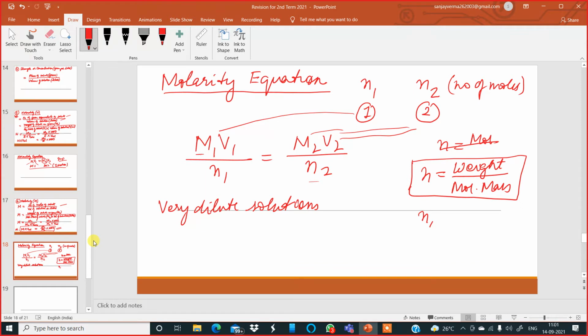In that situation, the above equation takes this form: M1 V1 is equal to M2 V2. So remember this also for very dilute solutions upon dilution. This was the sixth concentration term used in volumetric calculations.